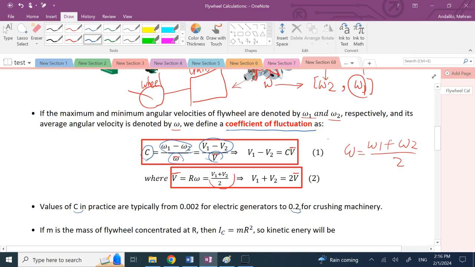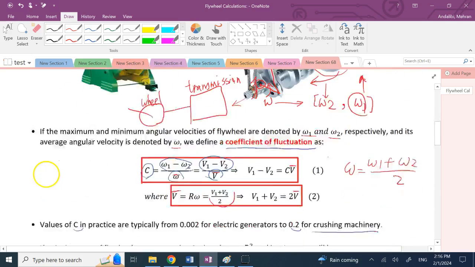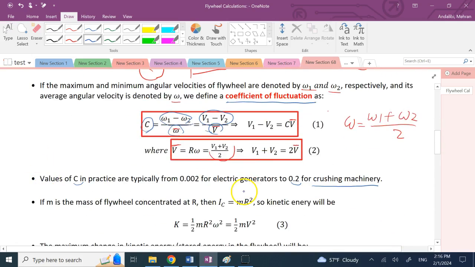Okay, and we use 0.2 for crushing machinery, right? The ones that have a lot of change in angular velocity, like here. If it's for electric generators, we use a much smaller number, like 2 over 1,000, okay, 0.002. So it typically changes between these two numbers, this C.